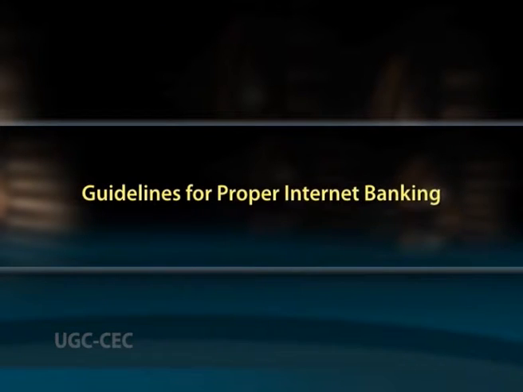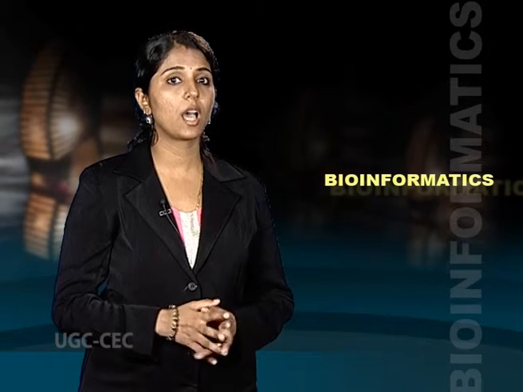Guidelines for proper internet banking. Online personal transactions involve accessing account information, bill payment, ticket booking, intra-bank funds transfer and occasional inter-bank funds transfer or wire transfers. The frequency and amounts of these transactions are lower than commercial transactions, hence pose a comparatively lower level of risk.